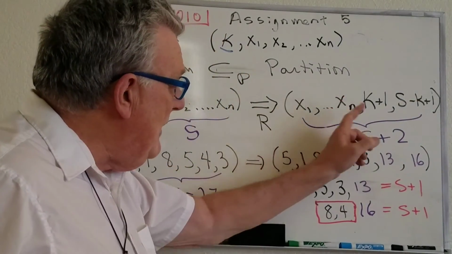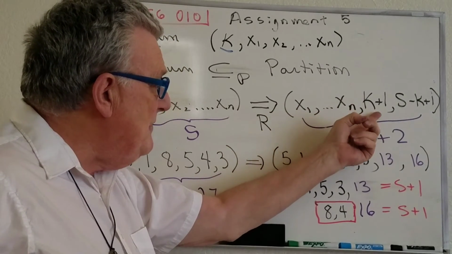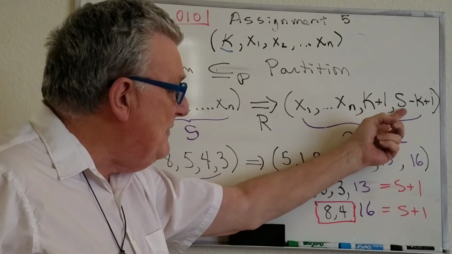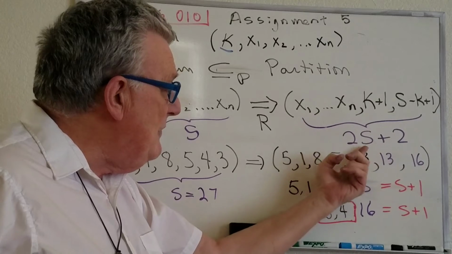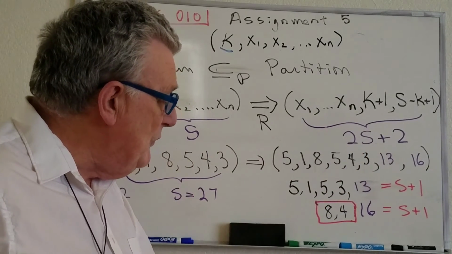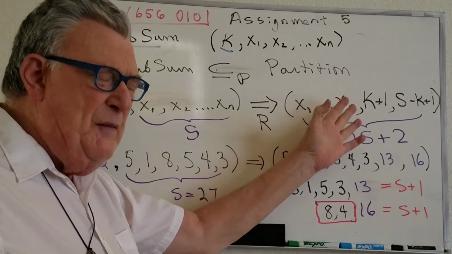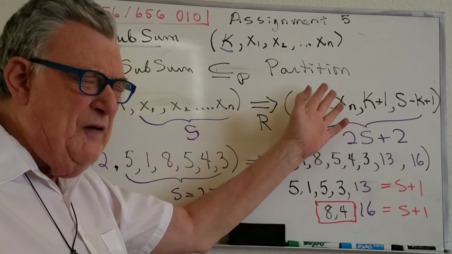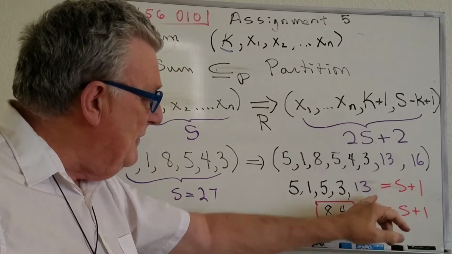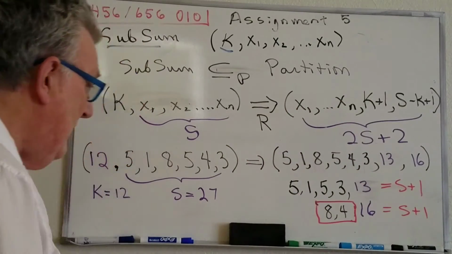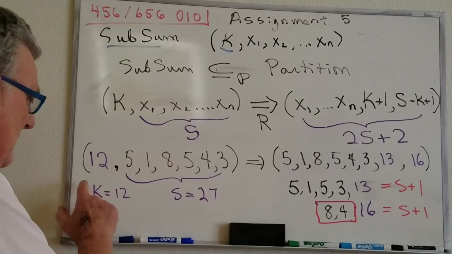When I add these up, these objects total s, there's k plus 1, there's s minus k plus 1. You do your algebra and you can see right away that the total is 2s plus 2. Now, if you want to divide these objects up into two equal valued sets, both sets will have weight s plus 1.